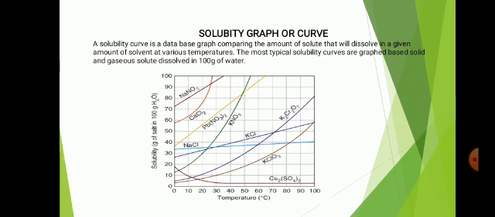If you look at that of potassium chloride, there is a constant increase with temperature. The solubility of potassium chloride is constantly increasing with temperature.